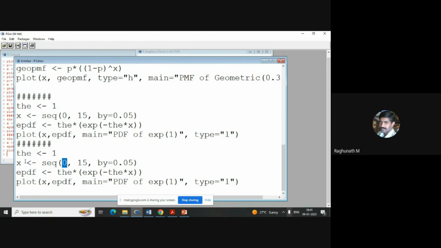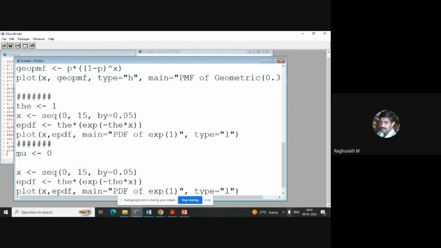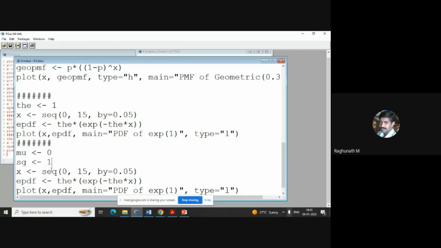It's a symmetric distribution, especially if you take a standard normal, that is mu equal to 0 and sigma equal to 1. So now let me define mu. Mu is equal to 0 and sigma, I'll simply abbreviate it. I can type yes also, there is nothing wrong. So we shall consider it as 0 and 1.